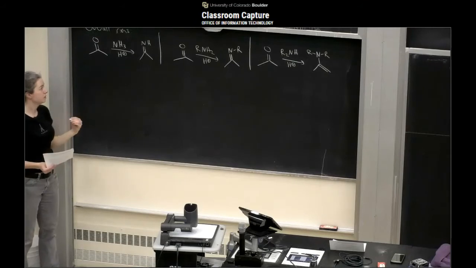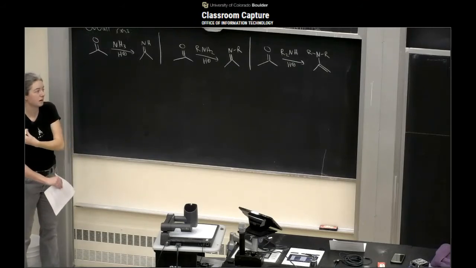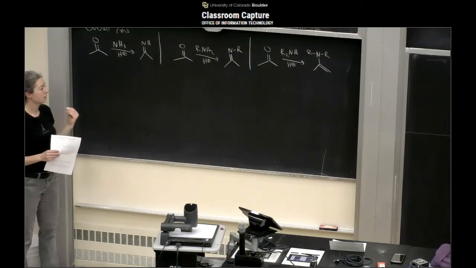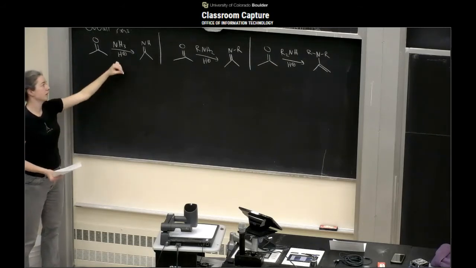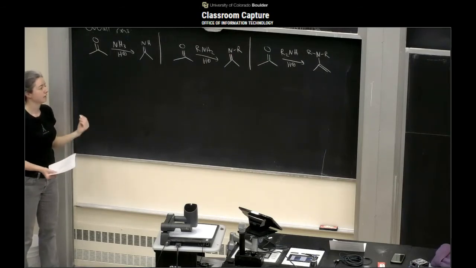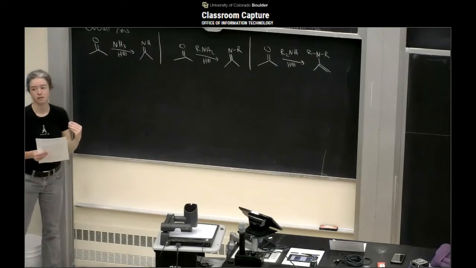So this one you usually will set up at a pH of about 5-ish, which is kind of traditional for this reaction. I'm going to leave it vague enough that you can just write H+ on the arrow, but in reality, you actually have to fine-tune things a little bit more than I'm getting into.